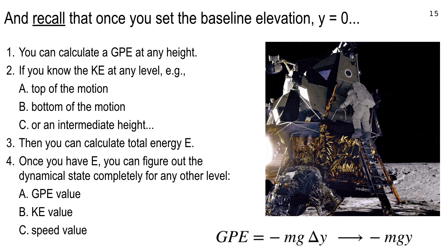Because on the way up, at a height of 2 meters above the lunar surface, it's going to have a certain speed going up, and it's going to have the same speed on the way down at a height of 2 meters. So now, let me pause for questions because we're about to do a calculation.